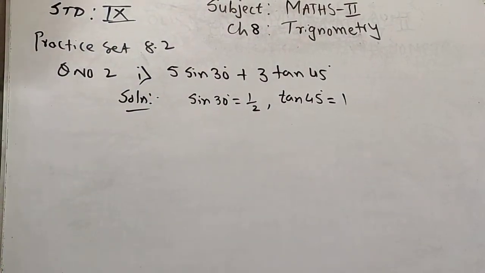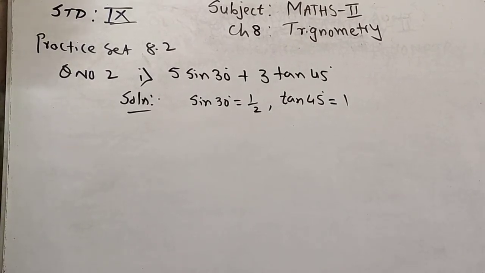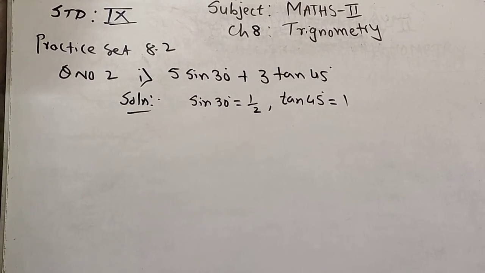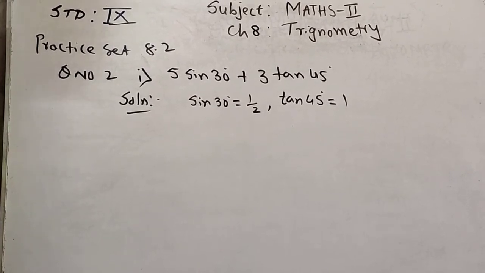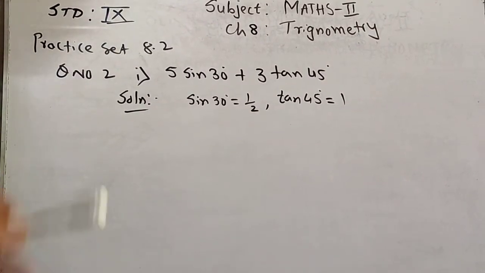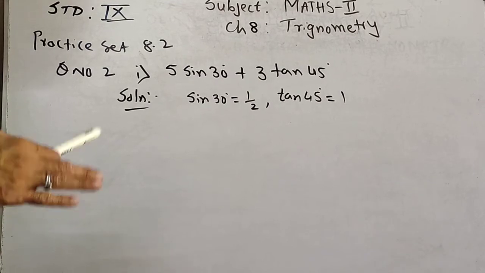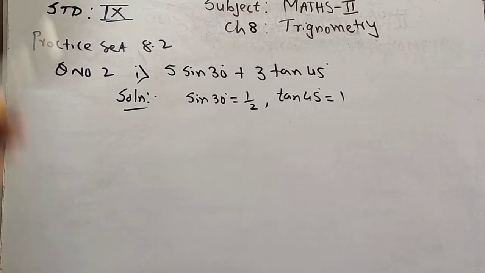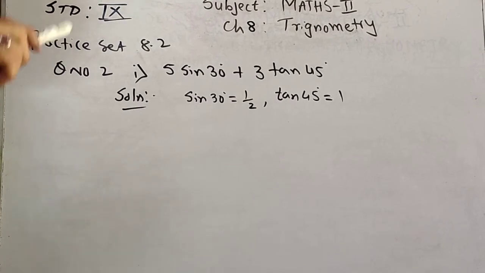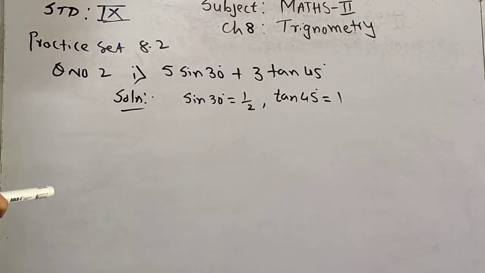My dear students, in my previous video I have given the revision of basic formulae. The purpose behind that is that today we are going to start practice set 8.2 and you should know the table of trigonometric ratios, the table which I have given you in the formula.